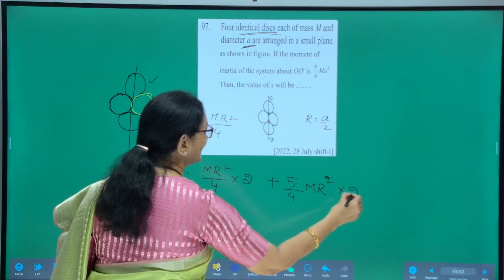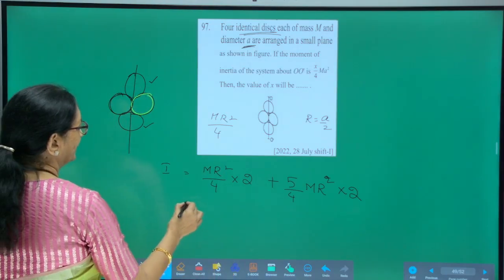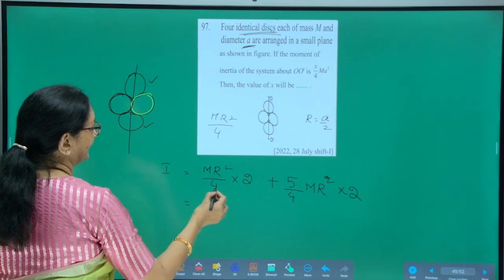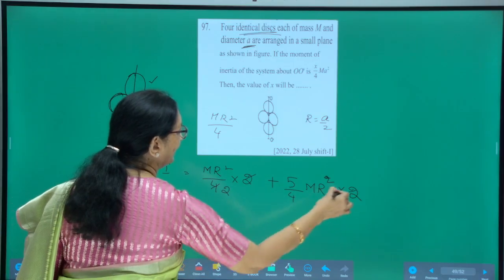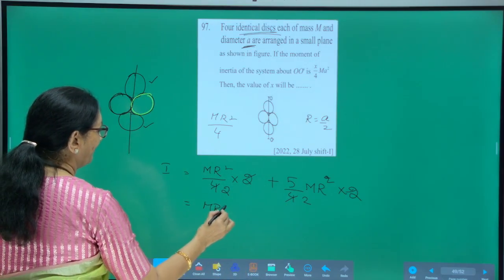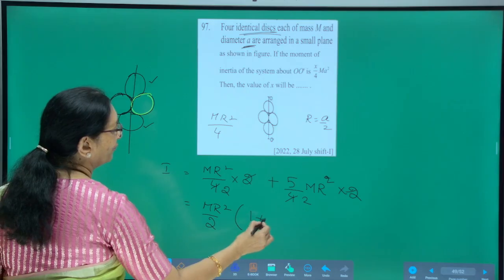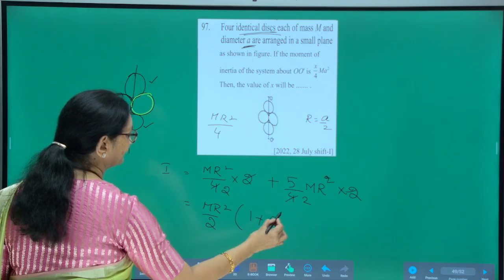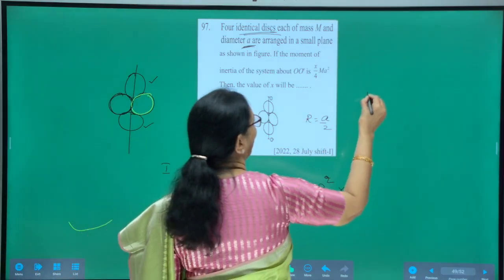There are two such discs, so 5 by 4 mr square into 2. So, mr square by 2 can be taken as common factor outside, 1 plus 5. So, 6 by 2, that is 3 mr square.